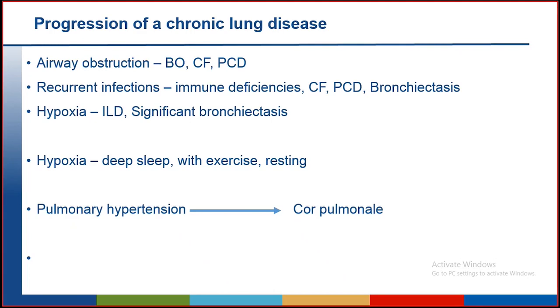But in normal people, that might not cause a significant problem. But if the child is already hypoxic, with already compromised ventilation, diffusion, or ventilation perfusion, then while this normal thing happens during sleep, they end up with hypoxia, but it might not be detected early.